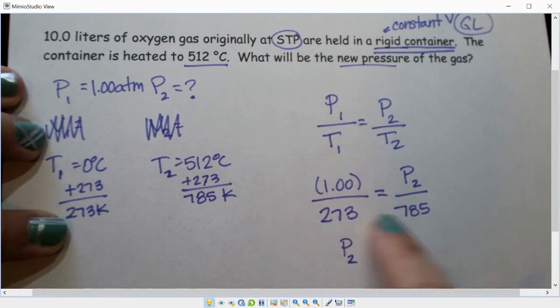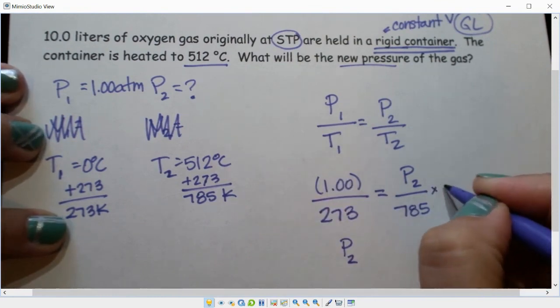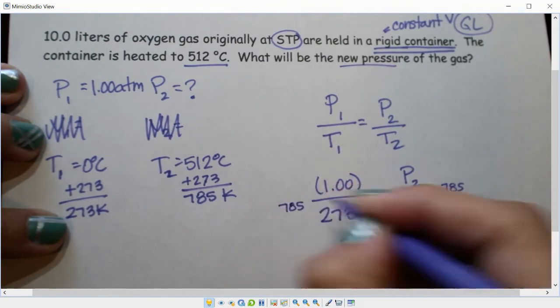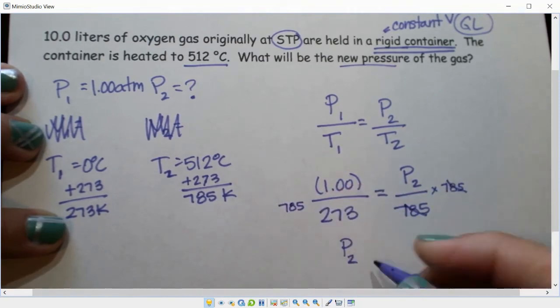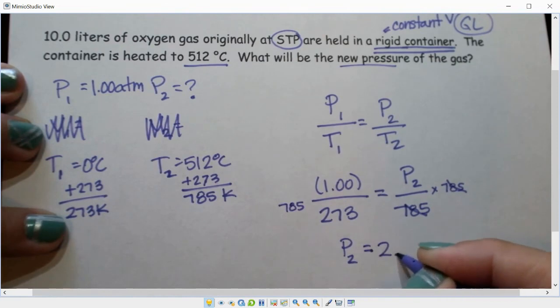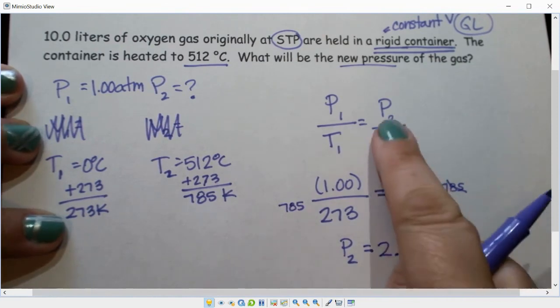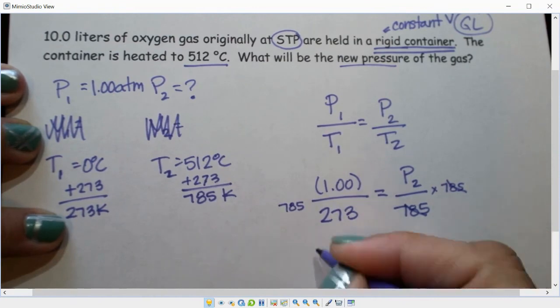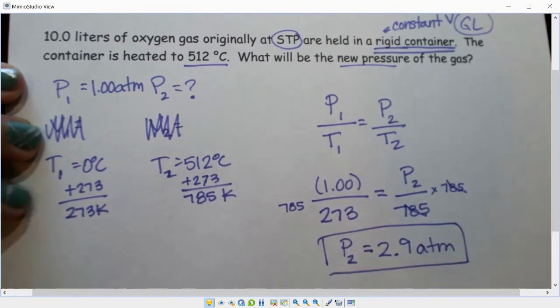So when I manipulate all of these variables, I'm just going to multiply by 785 on both sides. And my calculator tells me that this is 2.9. Since I'm solving for pressure and my unit of pressure here was atmospheres, I've got to make sure I label that. Great work.